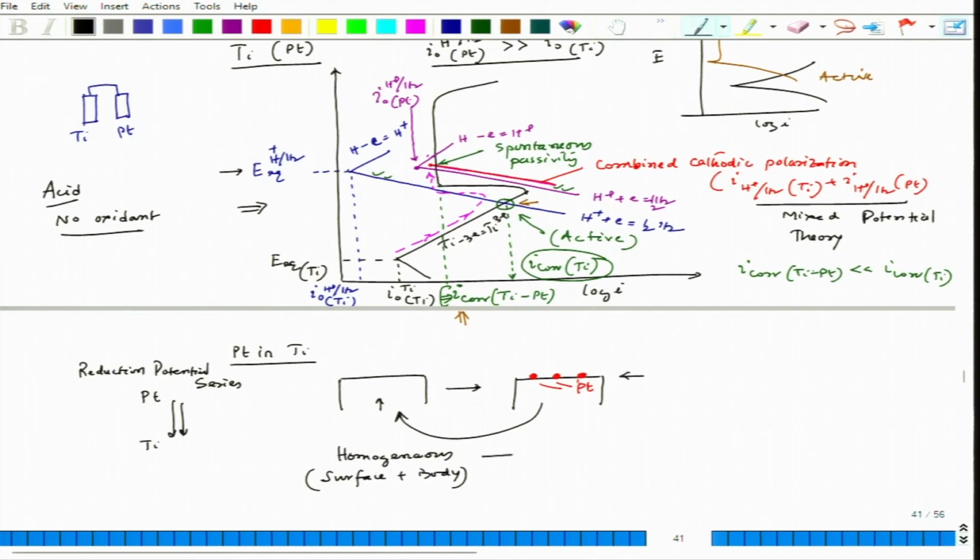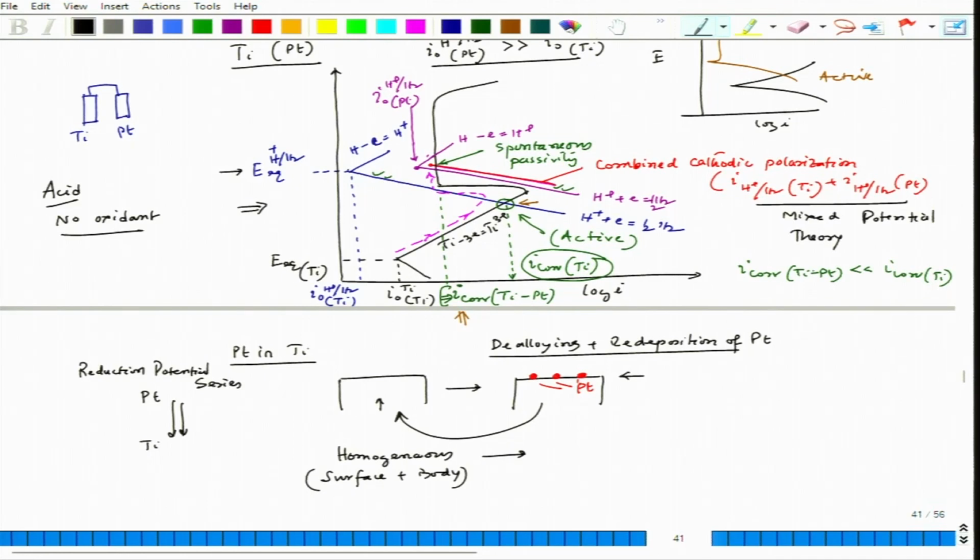Now, because of this dealloying effect, this happens by dealloying plus redeposition of platinum. Because of its higher reduction potential, platinum ions will get reduced back on the surface of titanium, and then we will get those platinum spots on top of the titanium surface.